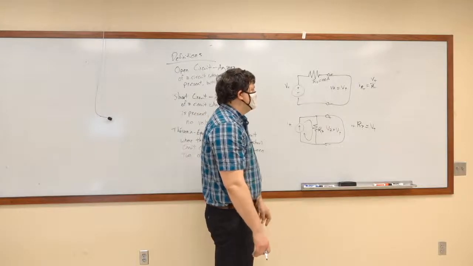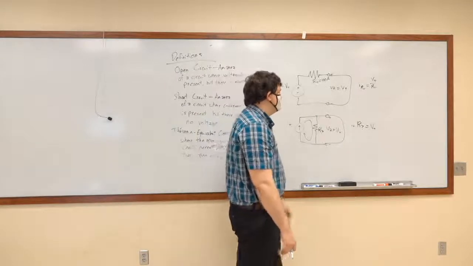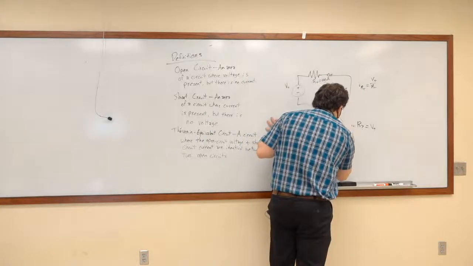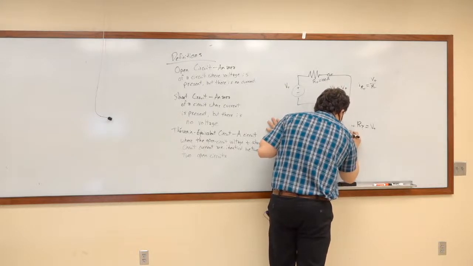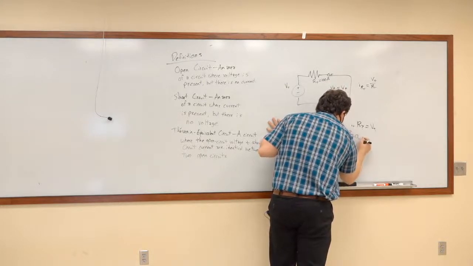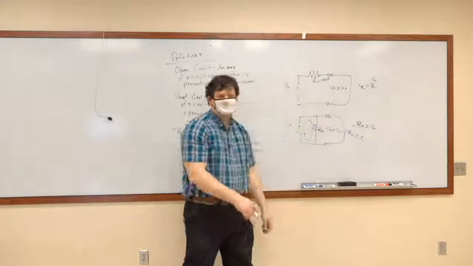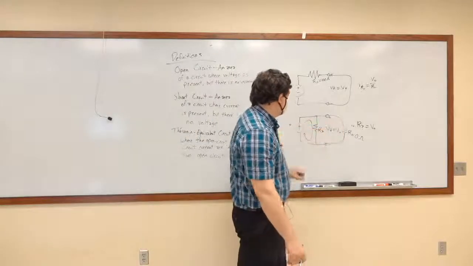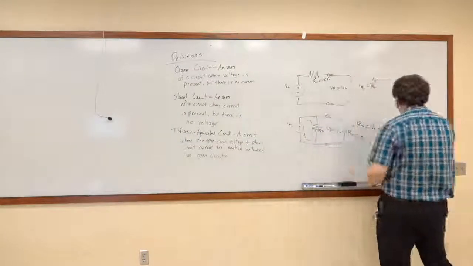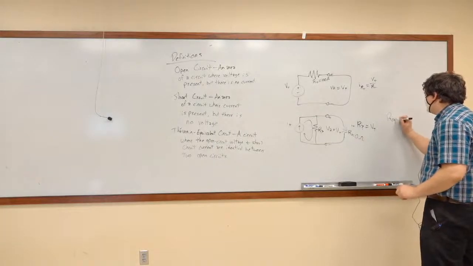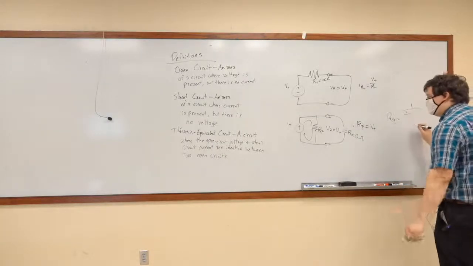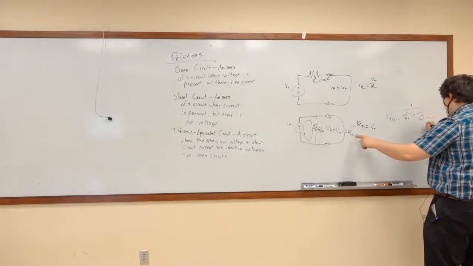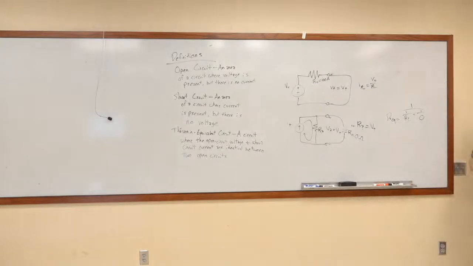Another way that I like to look at an open circuit is here, this wire can be thought of as a resistor where this resistance is equal to 0 ohms. Okay? If we plug that in, this resistor is now in parallel with that resistor. So Req is equal to 1 over R whatever plus 1 over 0. 1 over 0 equals infinity.